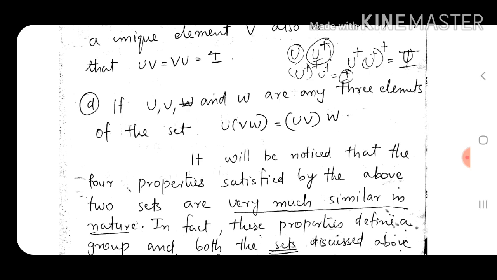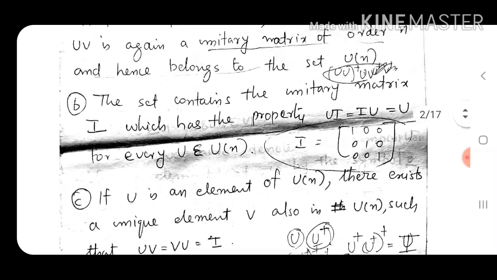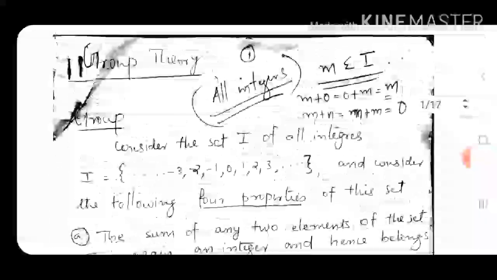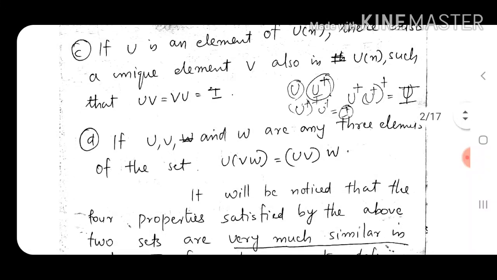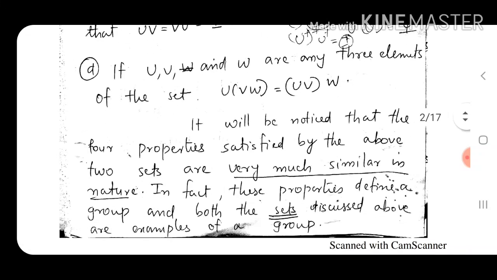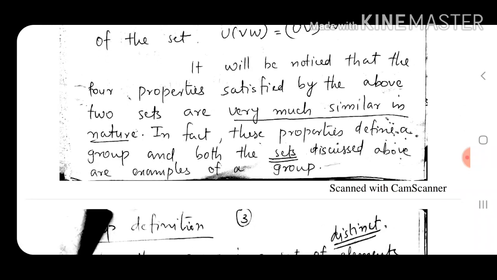So we have taken two examples, one of the set of all integers, and then the set of unitary matrices U(N). We see these two sets, the set of integers under the operation of addition, and the set of unitary matrices under the operation of matrix multiplication, are very much similar in nature.